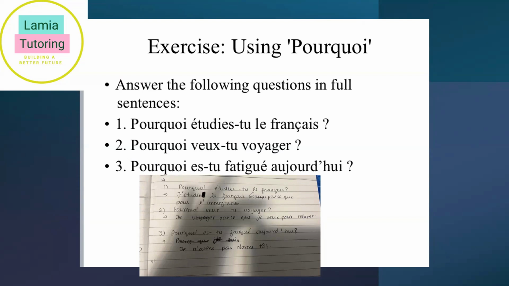You don't need to put parce que if you're going to say pour l'immigration. Okay. Pourquoi veux-tu voyager? Je veux voyager pour me relaxer.